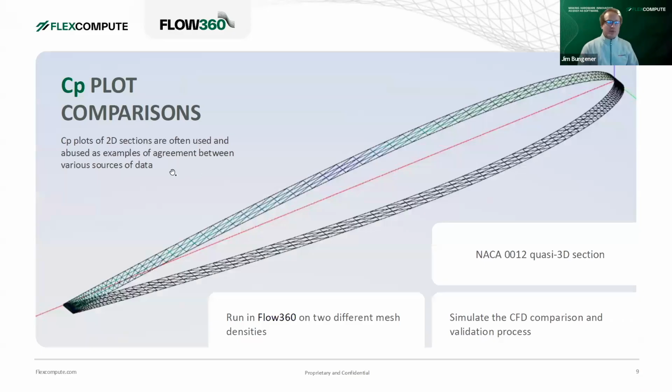So here I've come up with a simple scenario. We have a simple 2D NACA 0012 section. I'm going to run it, or I have run it, on 2 different mesh densities. And let's assume these are 2 sources of information, and to that, we're going to simulate the CFD comparison and validation process. So you can imagine that, say, one of those data is wind tunnel data, the other one's a simulation, or one of them is one software versus another software.